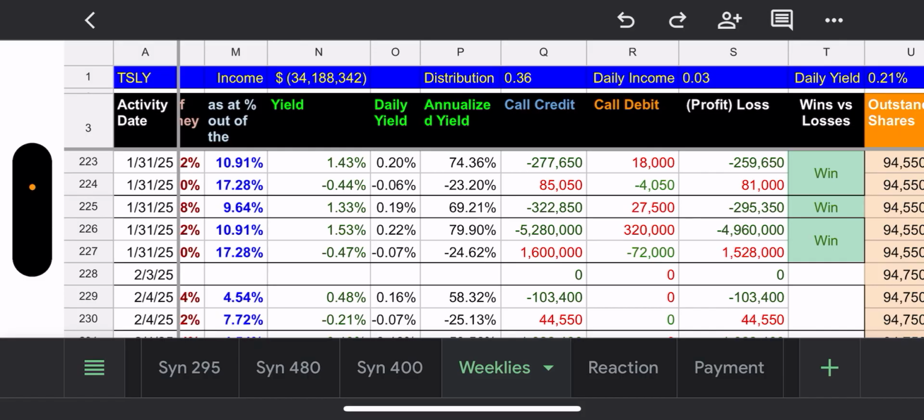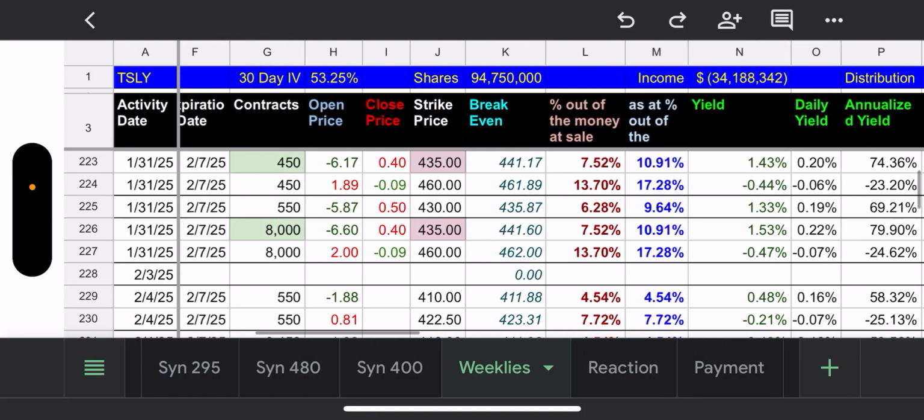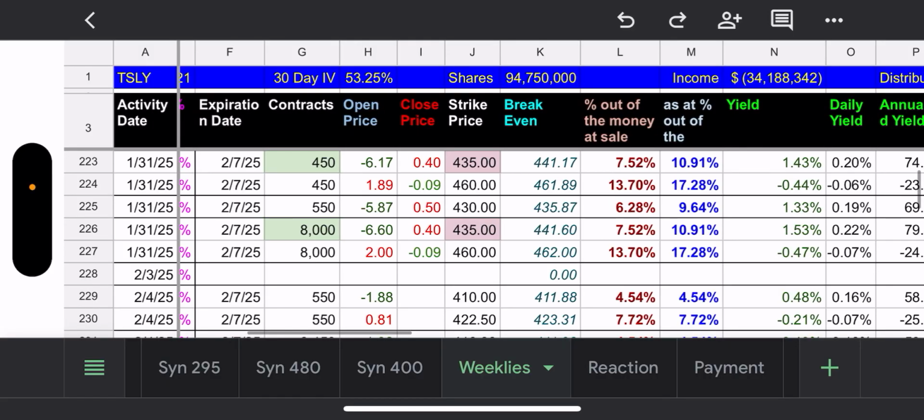So successful trades for TSLY. Obviously, they closed it out early, so is that a good move? I don't know. It was nice to have that gigantic cushion should Tesla run up. But now we're going to have less of a cushion because they more than likely rolled this strike price down. Actually, I'll show you that in a second.